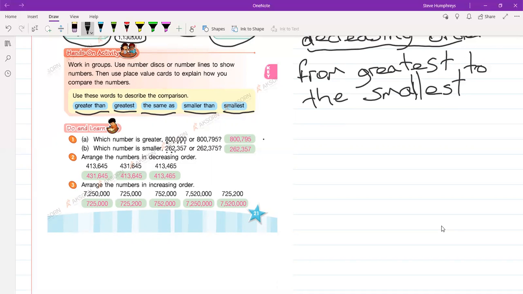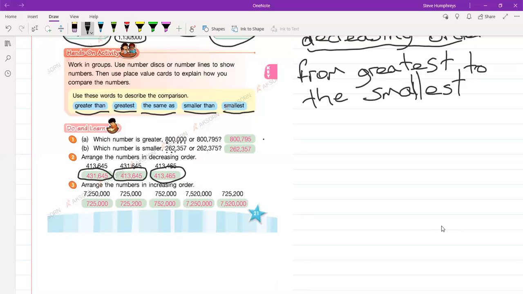Number 2, arrange the numbers in decreasing order. From the greatest, the largest, the biggest number, to the smallest number. Okay, and write them in the box. This box will be your greatest number, this will be your smallest number, and this will be the number in the middle.